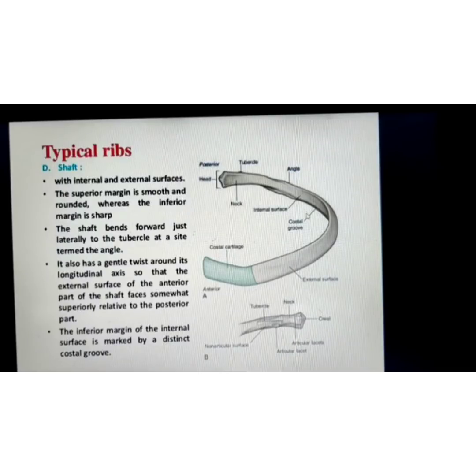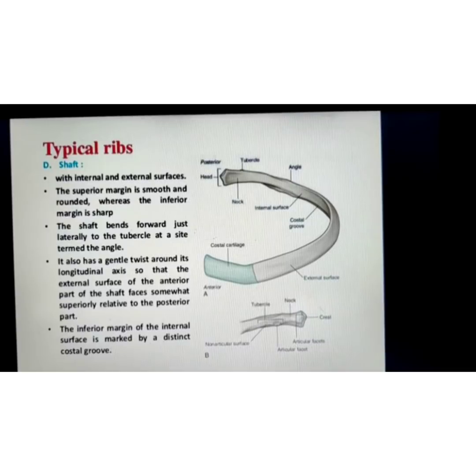Because of this twisting, if you keep the rib on a surface, both the ends do not touch the surface. This is one of the anatomical features to identify the typical rib. Whereas if you keep an atypical rib on a flat surface, both the ends touch the ground.